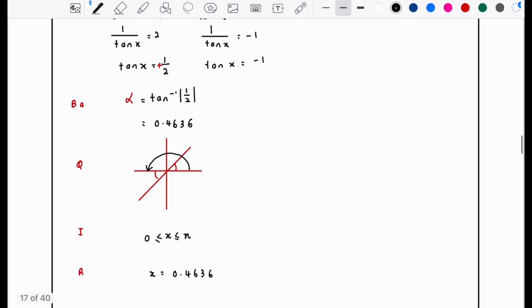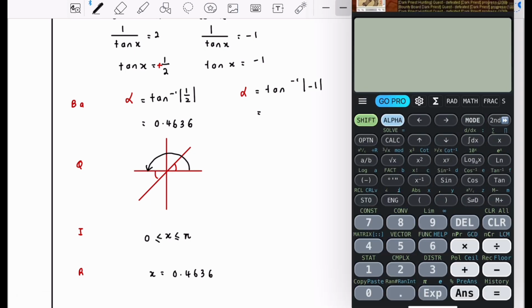For the second solution, the first step, BAQIR, BA stands for basic angle: alpha equals shift tangent modulus negative 1. When we calculate shift tangent of positive 1, it equals pi over 4.